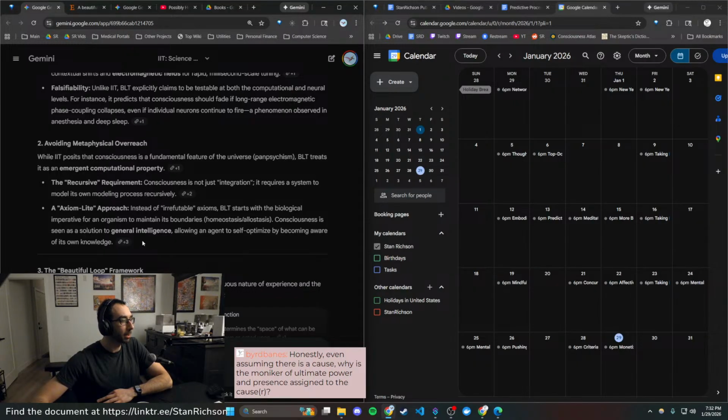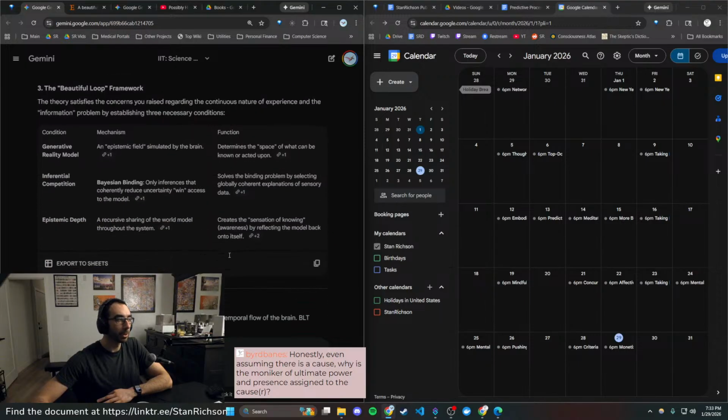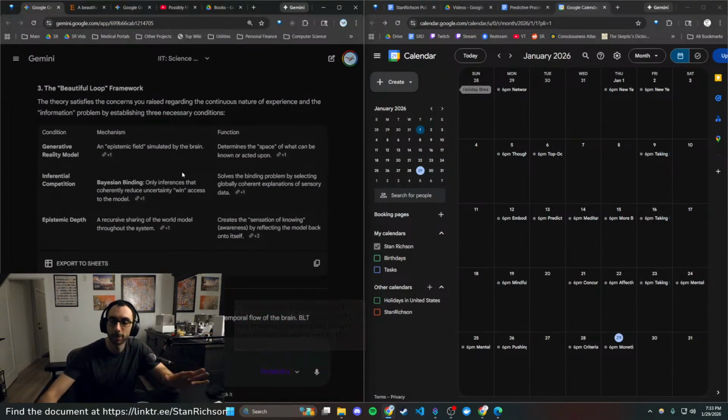An axiom-light approach: instead of irrefutable axioms, BLT starts with the biological imperative for an organism to maintain its boundaries, homeostasis, allostasis. Consciousness is seen as a solution to general intelligence, allowing an agent to self-optimize by becoming aware of its own knowledge. All this stuff is not new to us, but it's cool to just see someone saying it, you know?